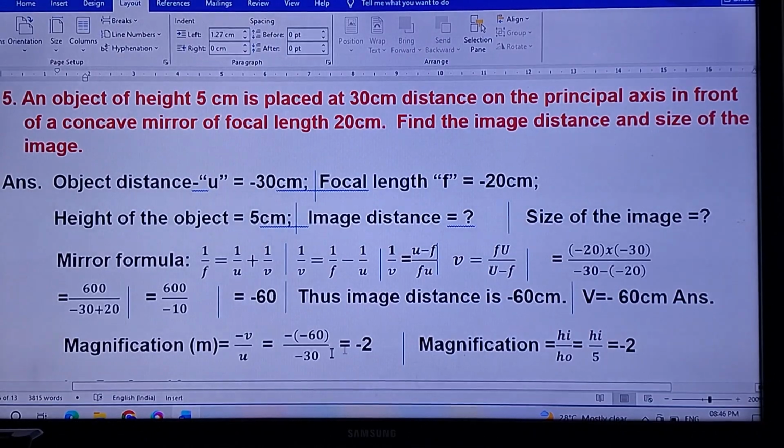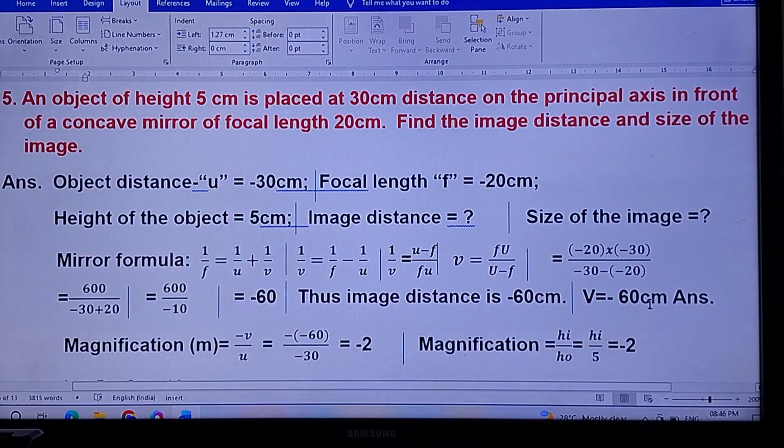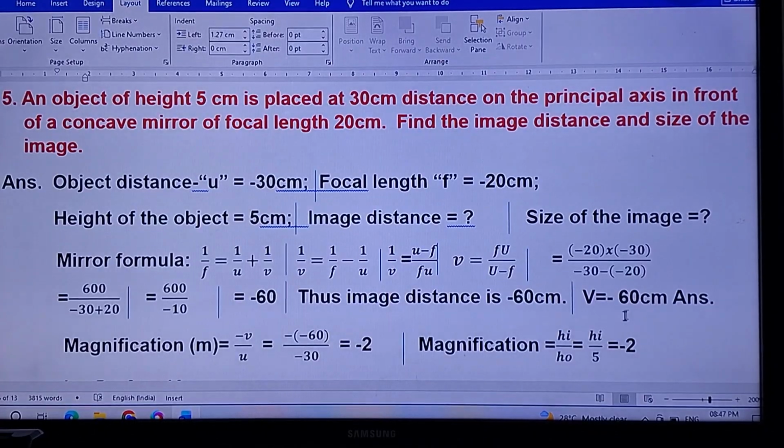Here also minus into minus is plus 20. So 600 by minus 10, the 0 and 0 get cancelled and you get minus 60. So the image distance is minus 60. V value is minus 60 centimeters. This is the answer, children, for v. Here they have asked image distance, and we have written it.